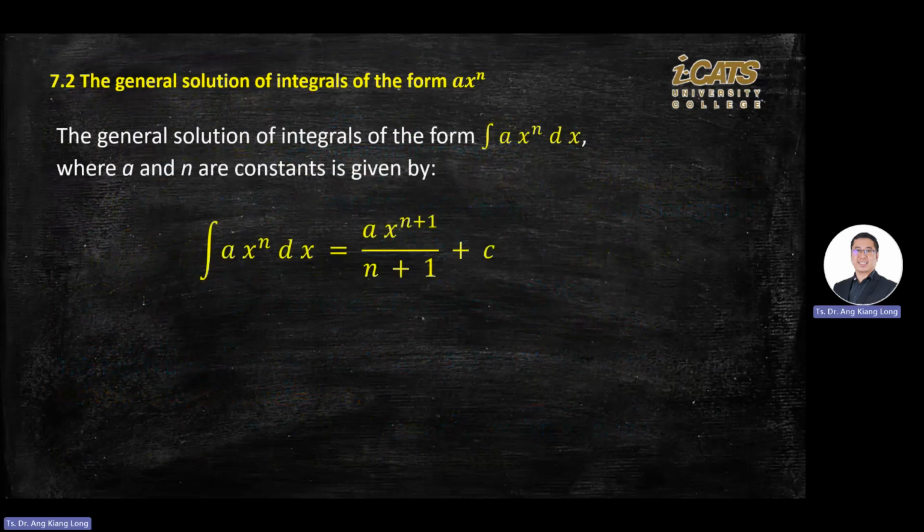Okay, so the first form you already seen when you have y equal to ax power n, then you use this one. If you have y equal to 4, then you need to integrate y dx.